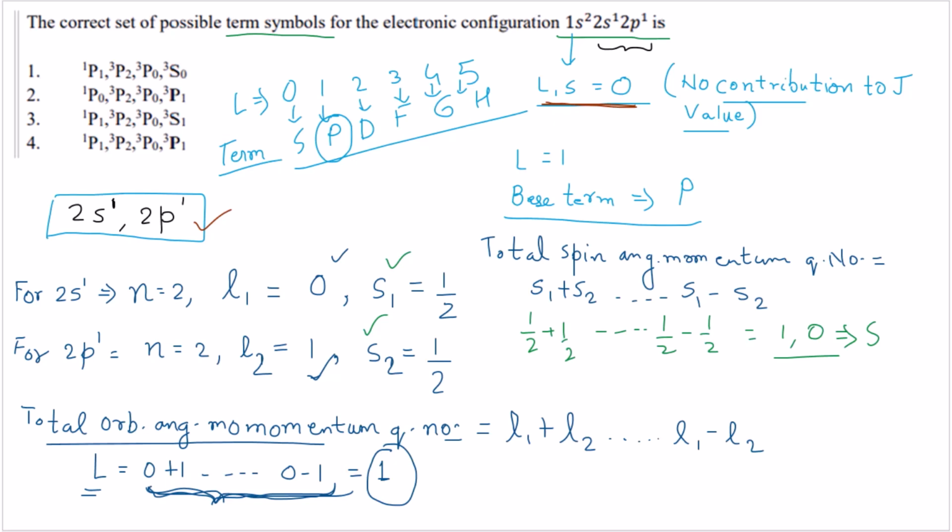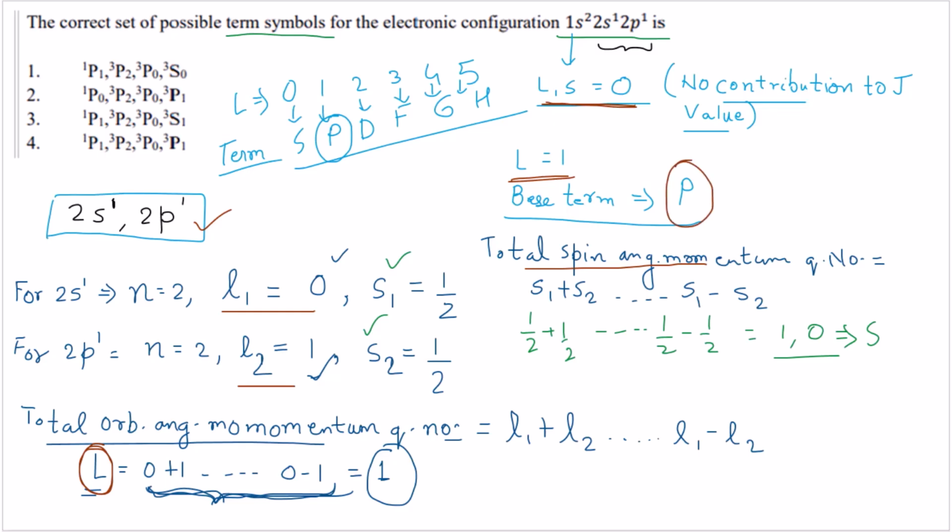So we calculate the azimuthal quantum numbers for each of the 2s1 and 2p1 configurations. Then we find out the spin quantum numbers. Then from the individual azimuthal quantum numbers, we find out the total orbital angular momentum quantum number, and from here we get the base term P.